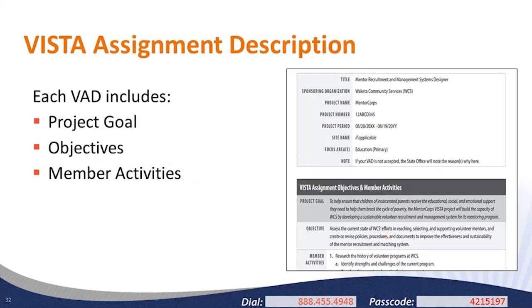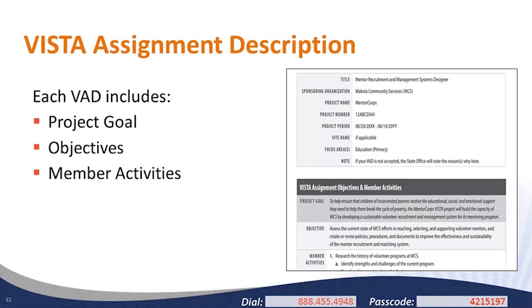The second are the objectives, which describe what you will achieve by the end of your service year. So the project goal obviously spans a minimum of 3 years. The objectives are yearly. And the objectives essentially form a bridge between the goal and your activities.